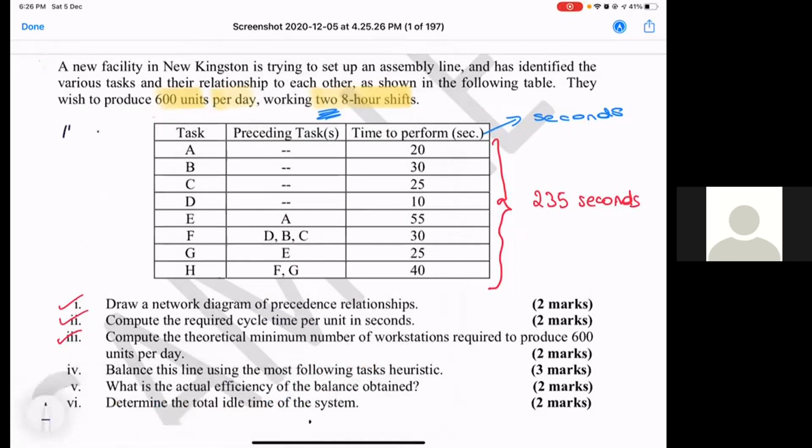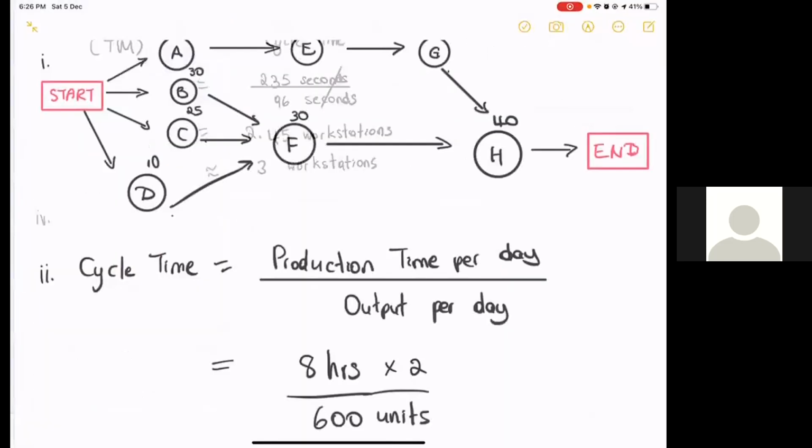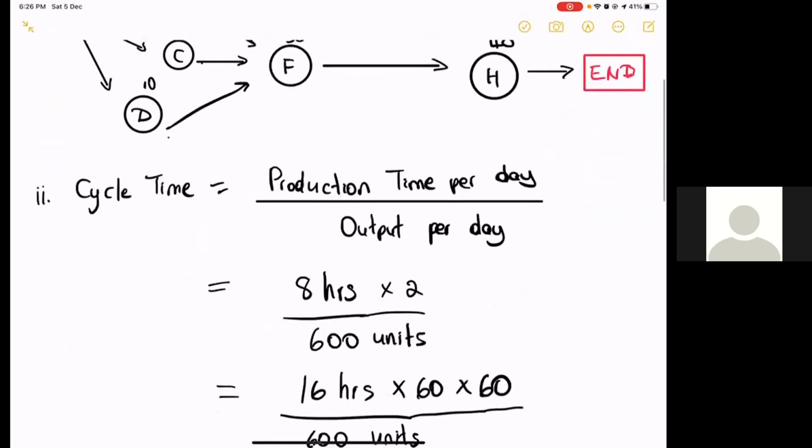So we have number following. Let's also do it right here. I hope everybody has this because I'm going to erase. I'm sorry, I didn't take that into consideration. Let me erase.